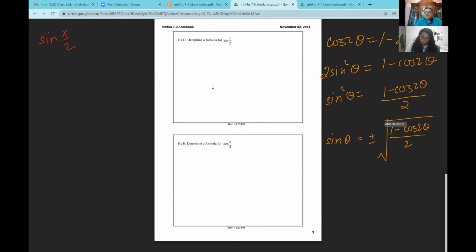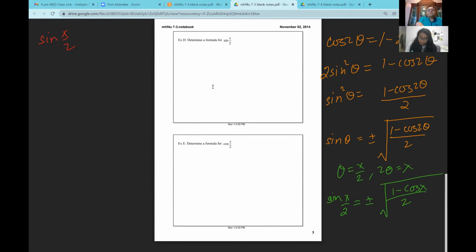Now the tricky part here is you want x by 2. So if I replace theta with x by 2, then what happens? Let me write theta equals x by 2. In that case, what is 2 theta equal to? X, correct? So I have sine of x by 2 equals plus or minus square root of 1 minus cos x over 2.